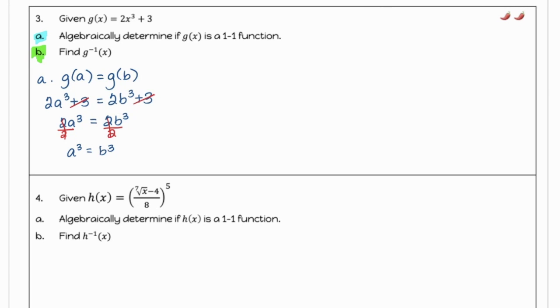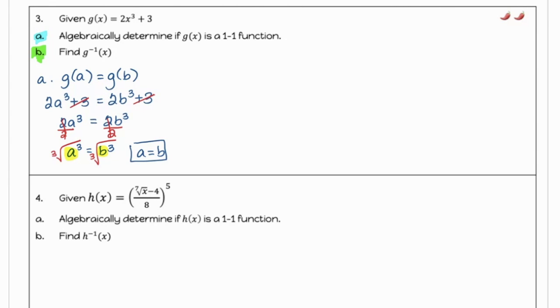At this point, I'm going to cube root both sides. And unlike the square root, the cube root is going to take the sign of the radicand itself. So in this case, my a was positive originally and my b was positive. Therefore, my answer would be a equals b.